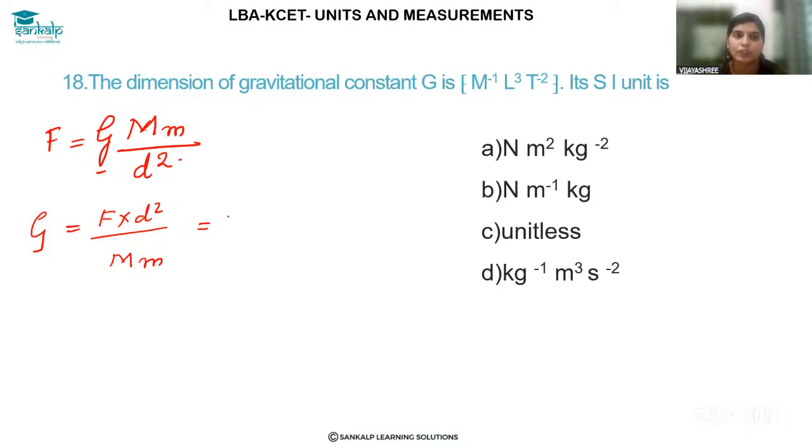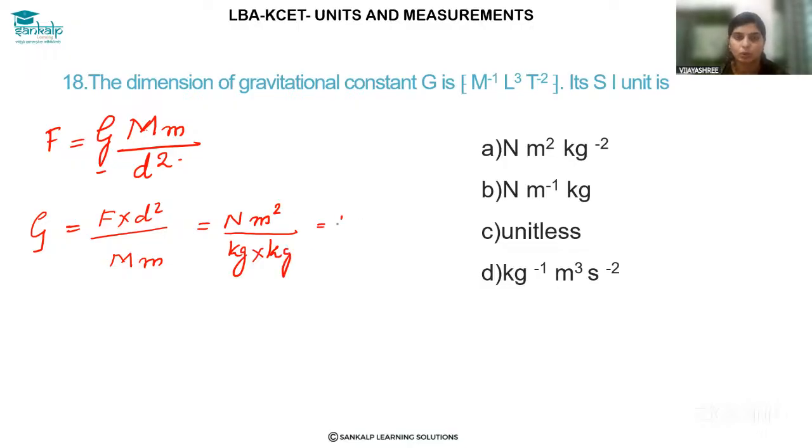What is the SI unit of force? It is Newton. What is the SI unit of D square? D means distance here. Distance square means length square. The SI unit of length is meter. So D square is meter square, Newton meter square. Mass into mass means kg into kg. The SI unit of mass is kg.